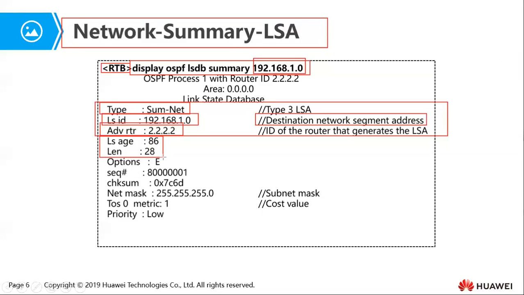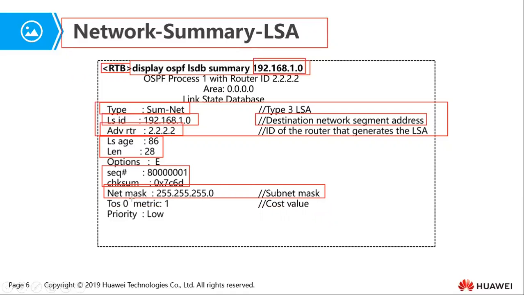The age and length are the same things we've talked about earlier. Checksum and sequence number are also the same. Then we have the network mask. The network mask is the subnet mask of that network. For example, this network is /24, that's why the net mask field here is 255.255.255.0.